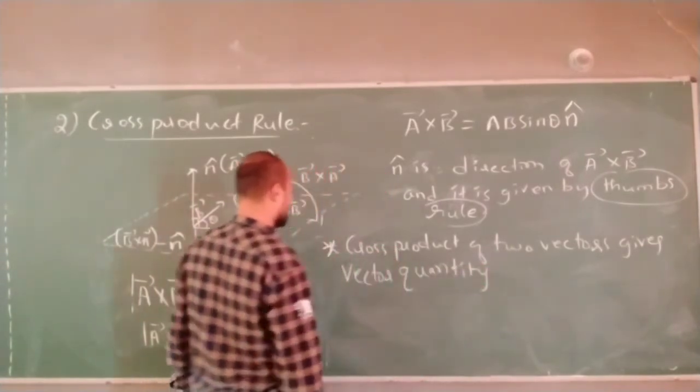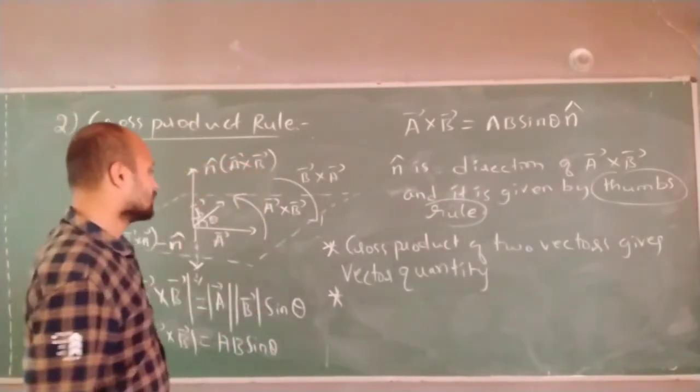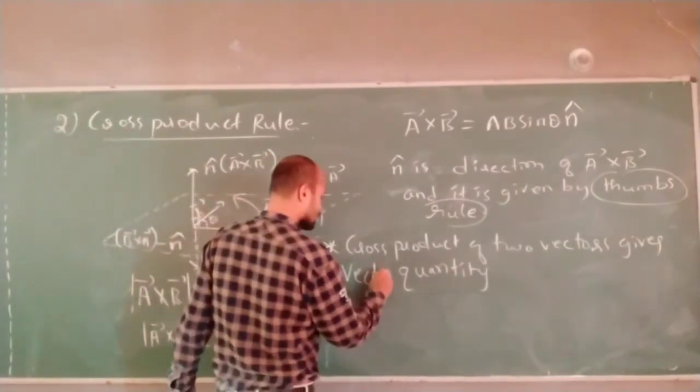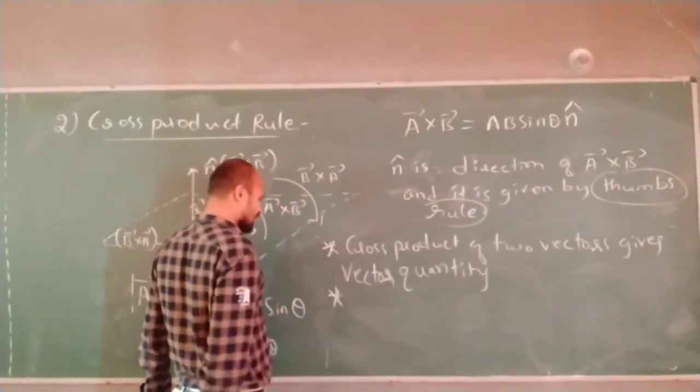It gives a vector quantity. Second one, what is that? Cross product of two vectors gives the vector quantity.